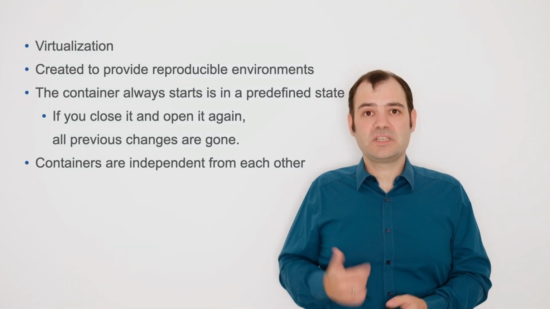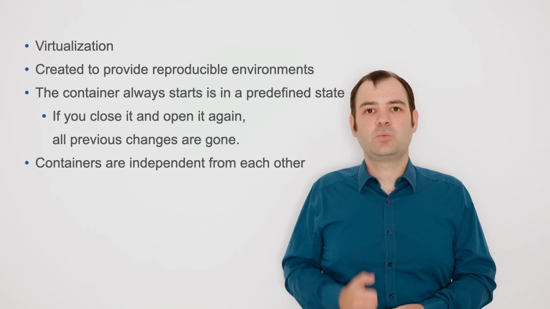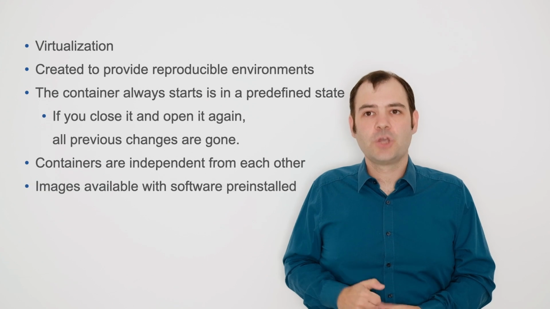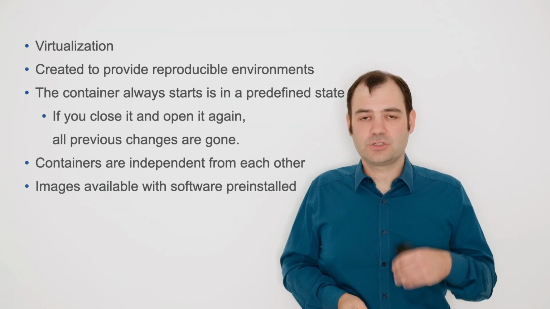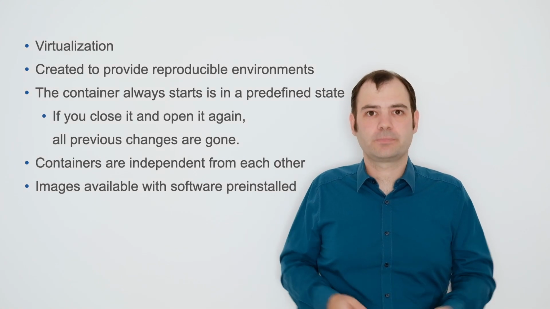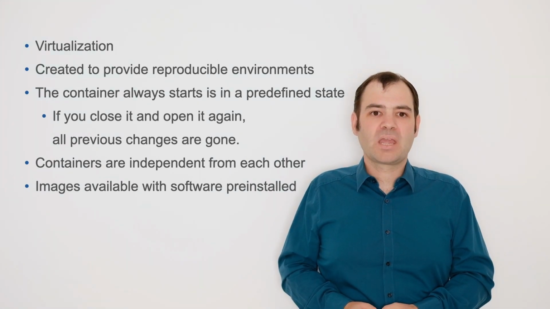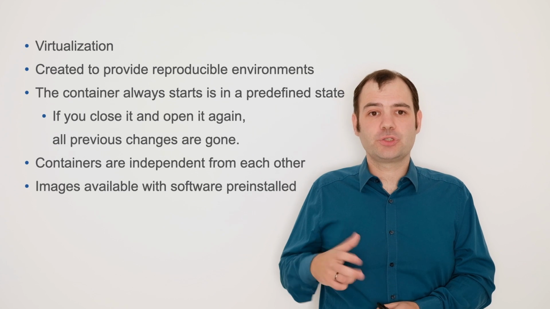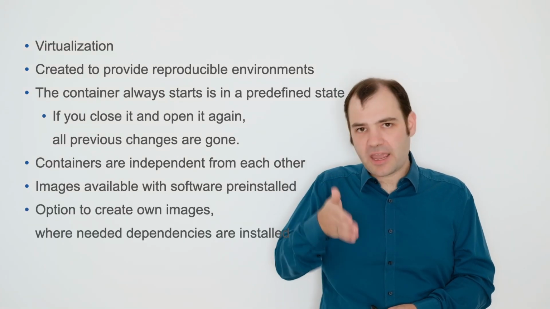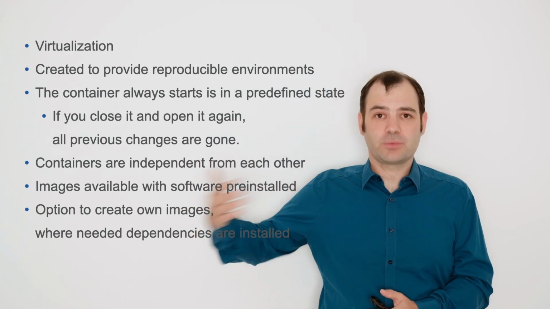Also, images for these containers are available with many different software and packages pre-installed. So you don't need to take care to install everything from scratch. And you also have the option to create your own images where dependencies that you need for every single job are already installed.